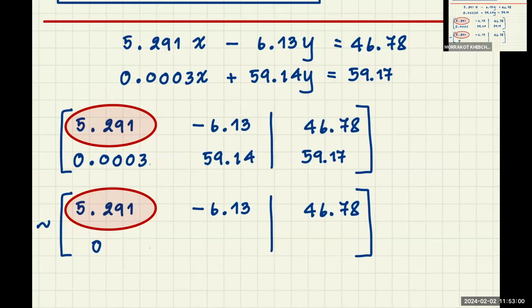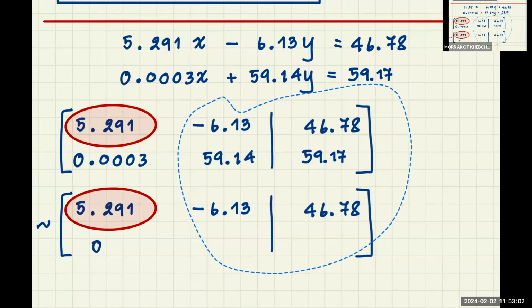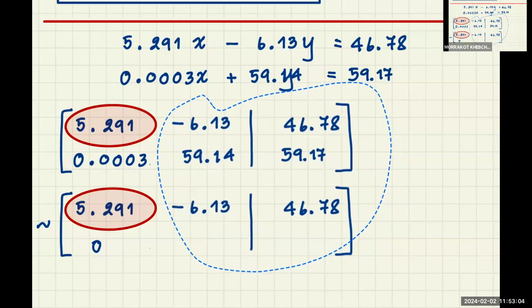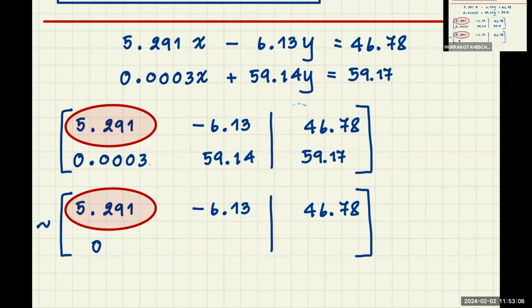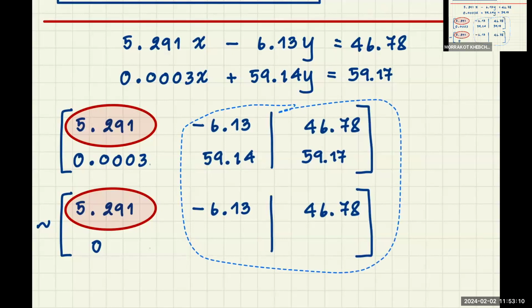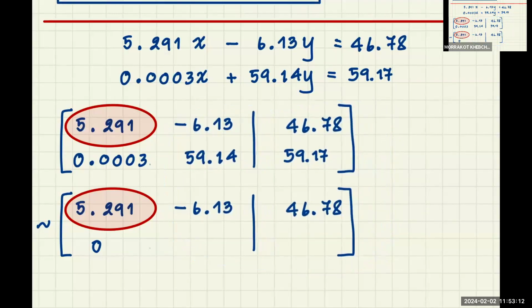So the R2 minus R1 divided by 5.291 multiplied by 0.0003. Okay.